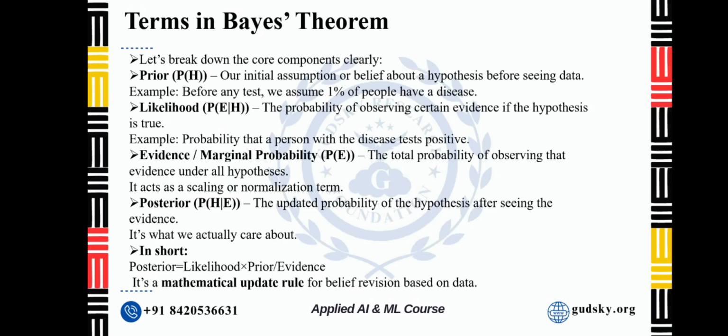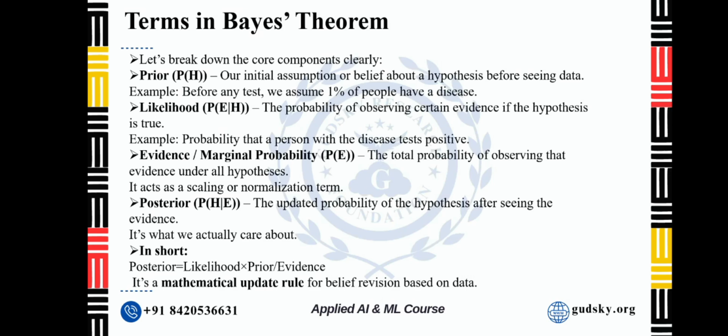Putting it all together, posterior equals likelihood times prior divided by evidence. It's like saying, given the test result, which is the evidence, how should I update my belief about the disease? This process of belief revision is the essence of Bayesian learning, and naive Bayes simply automates this with data. Think of it like a GPS recalculating routes.